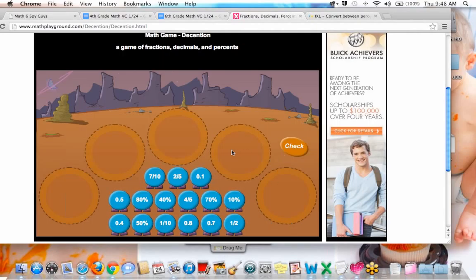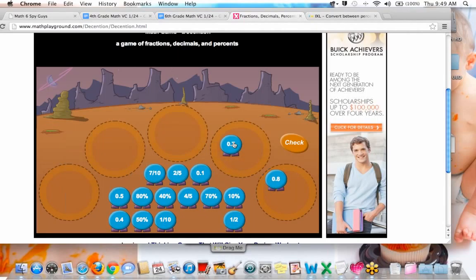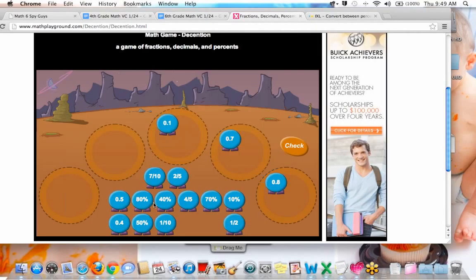Okay. So looks like we are going to put the 3 equivalent values into each one of these different pods. So I'll just start by moving a couple around. I'll move all of the decimals, so that we can start on one end and just work our way around.